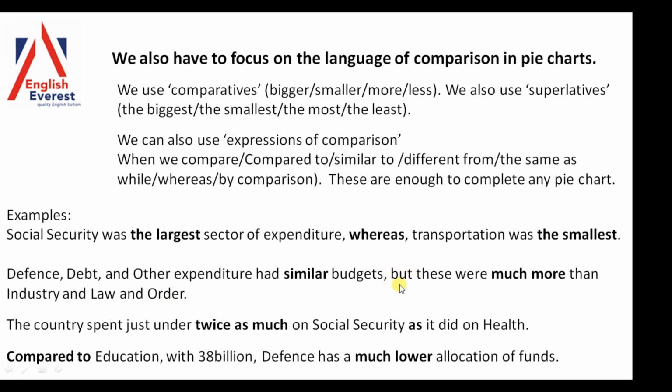Again, we've used a conjunction. Complex sentence. The country spent just under twice as much on social security as it did on health. Compared to education, with 38 billion, defence has a much lower allocation of funds. So again, examples of sentences you can use.